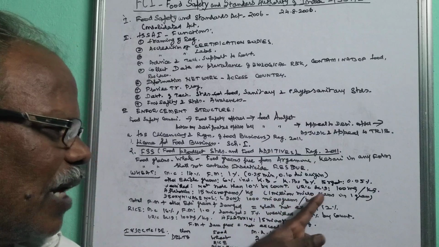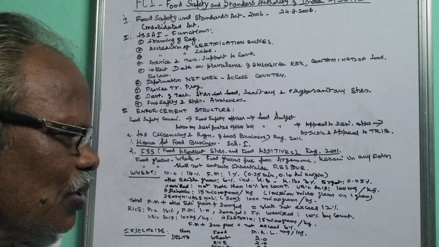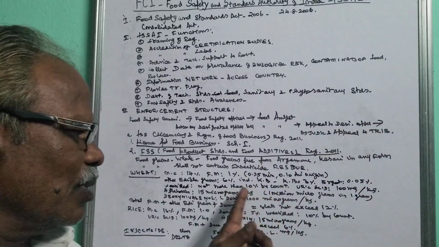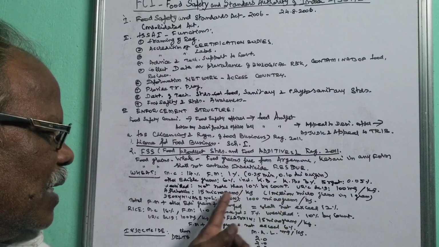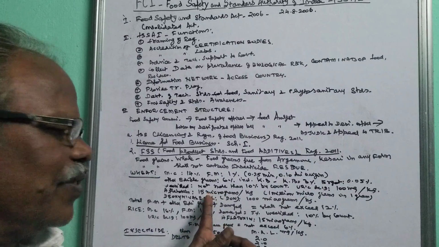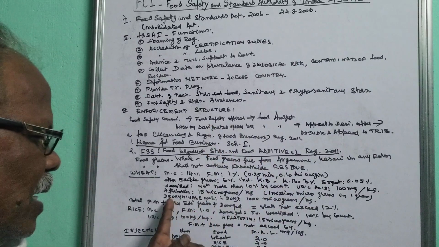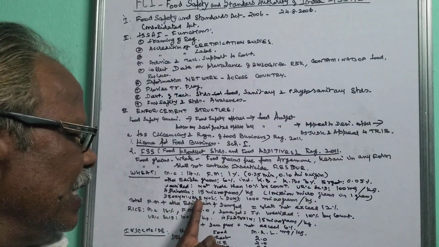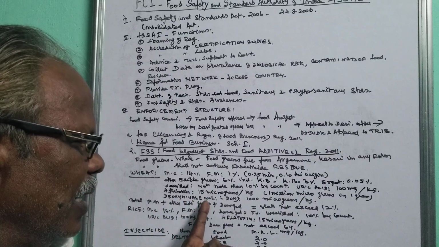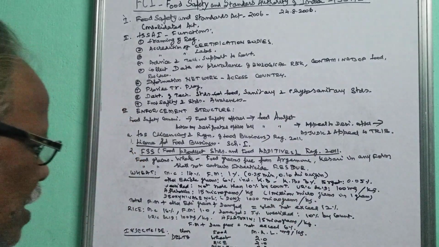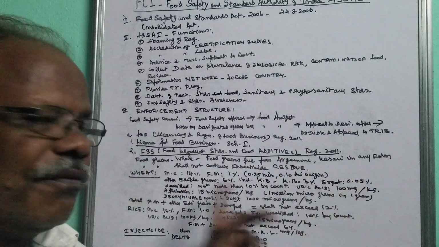There are 1 million micrograms in 1 gram, so in 1 kg there should not be more than 15 micrograms. And deoxynivalenol, that is called DON, should not exceed 1000 micrograms per kg. So this is with regard to the wheat.